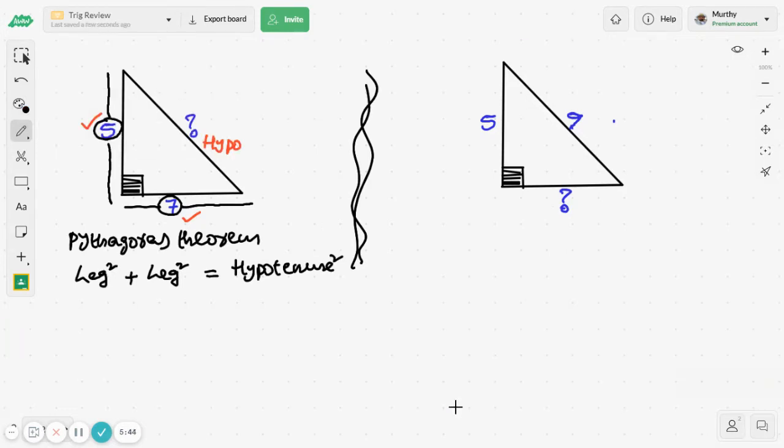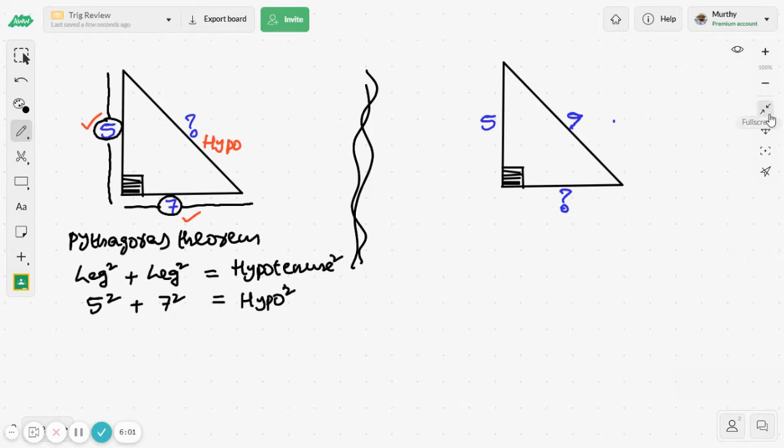Leg square is 5 square and the other one is 7 square, equals hypotenuse square. Let me write it a little short here, hypo square. So 5 square is not 5 times 2.